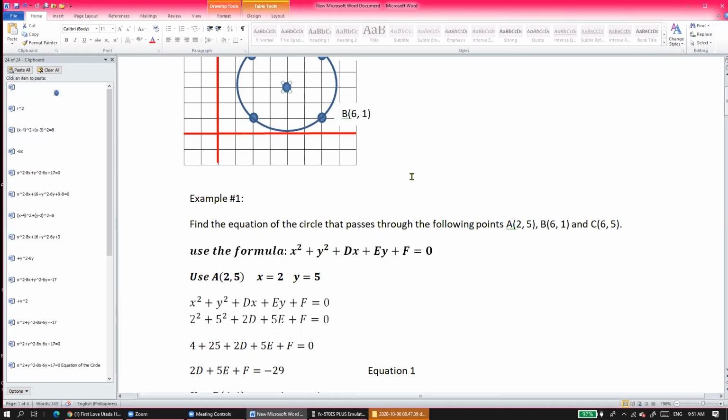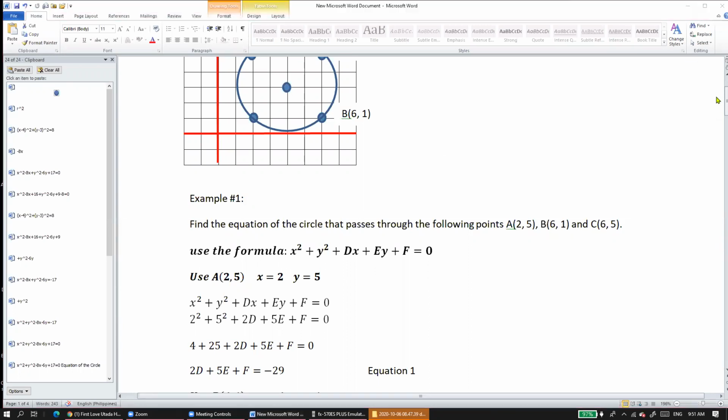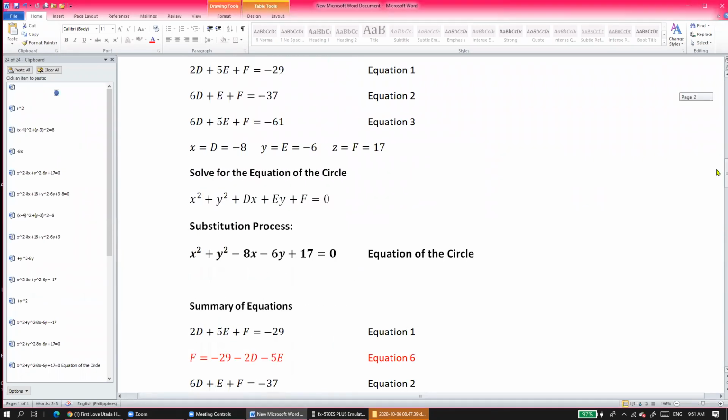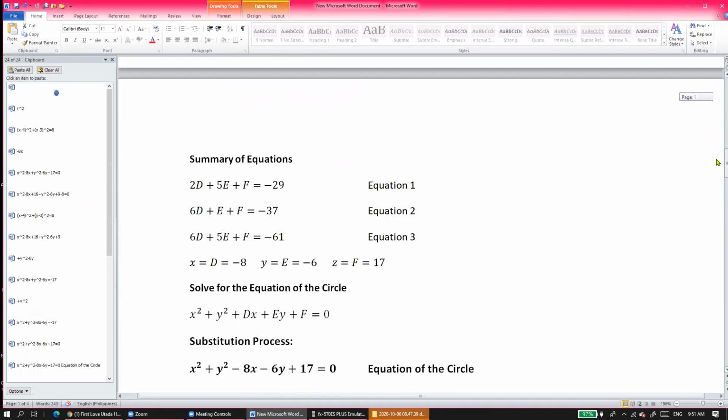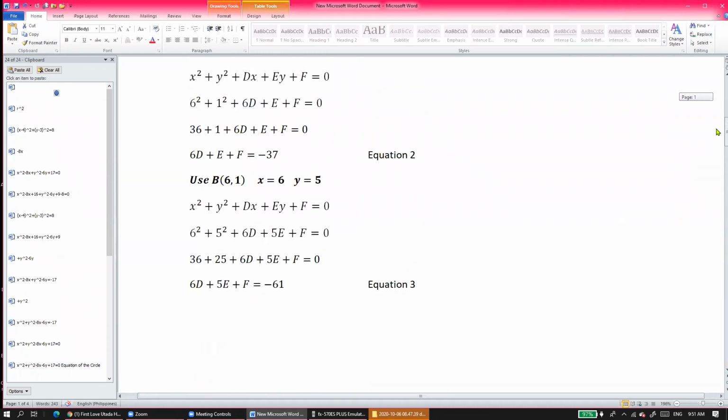Now, what if kung ganito? Hindi ba pwedeng ito na lang ang aking gamitin para mahanap ko ang center ng bilog? I think sakto lang tayo, no? Sa ating given problem. Sakto lang yan. Hindi ba pwedeng ito na lang ang gamitin ko? Yan, ito to. Yung nahanap nating equation kanina.